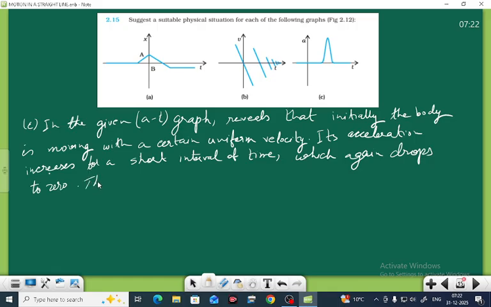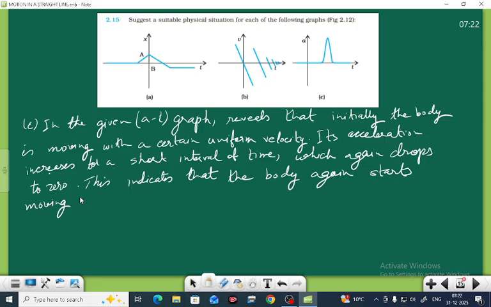This indicates that the body again starts moving with the same constant velocity.